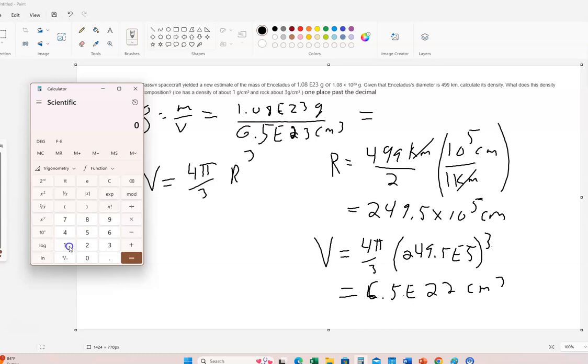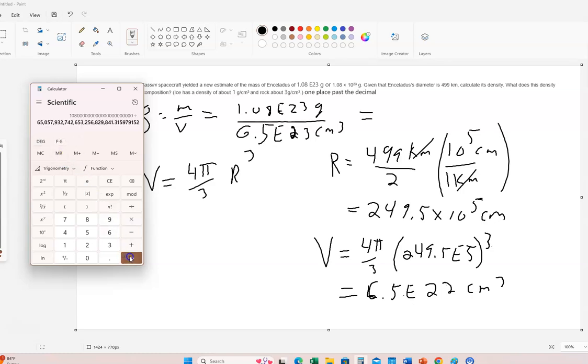So 1.08. Remember this is the numerator which was given to us. That was what the spacecraft measured very accurately. It's times 10 to the 23rd, and that's already in grams, divided by my volume, which I just put into memory.